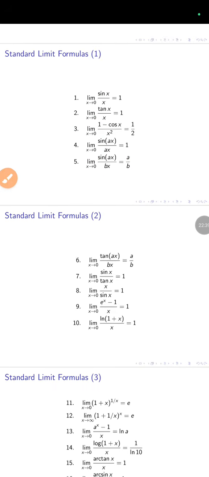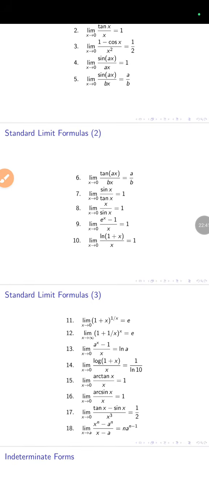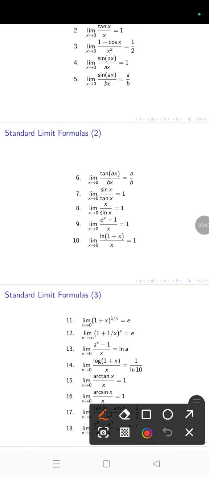Now come to the next slide. There are some other formulas we have to remember. Limit of e to the power x minus 1 divided by x is equal to 1. Limit of ln 1 plus x by x equals 1. Just note down these formulas. Now limit of 1 plus x whole to the power 1 by x as x tends to 0 equals e.